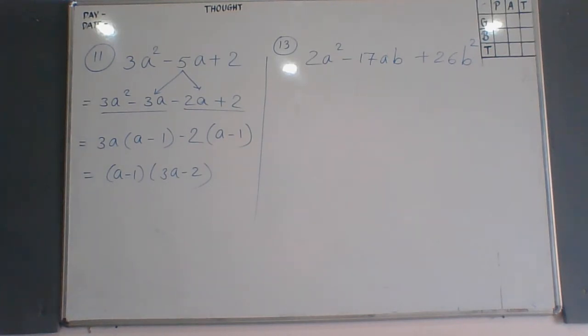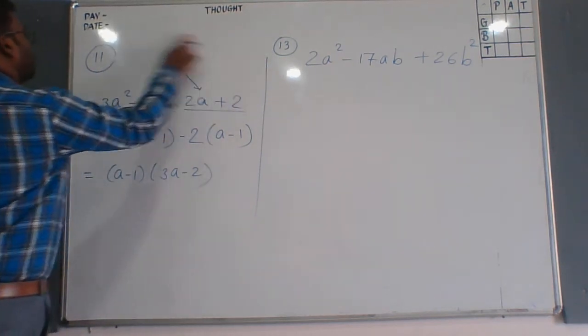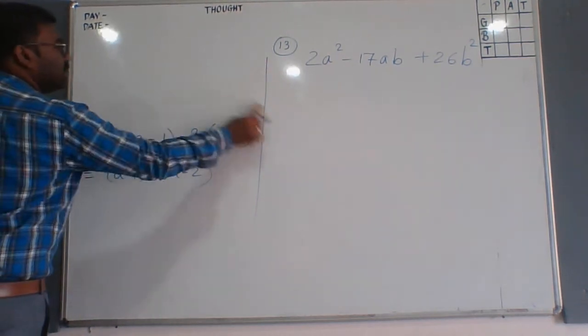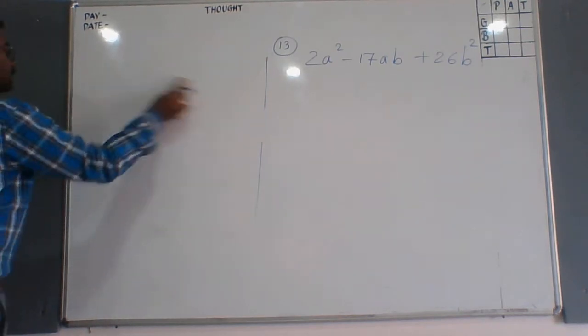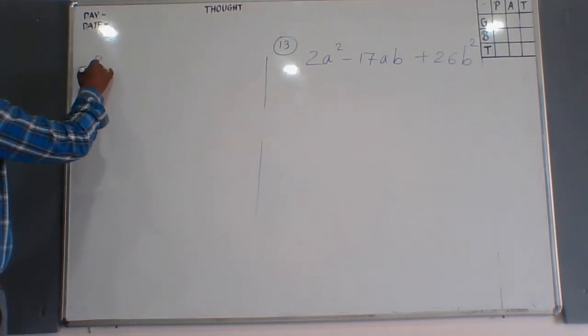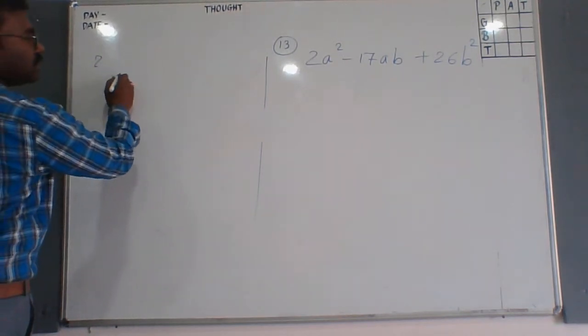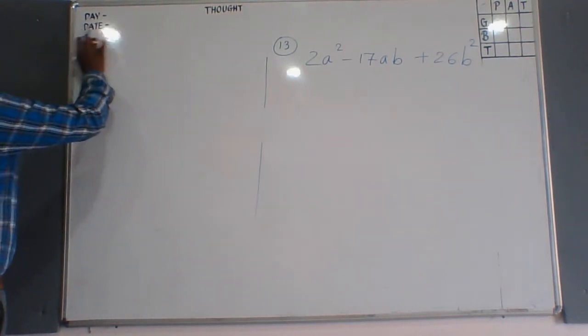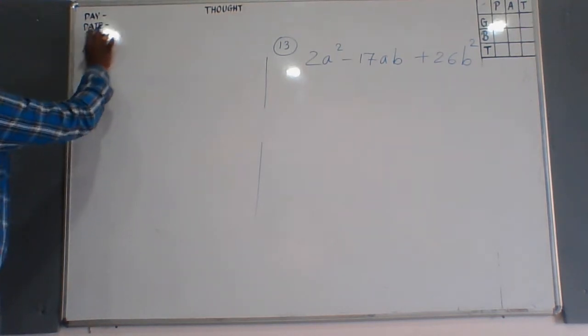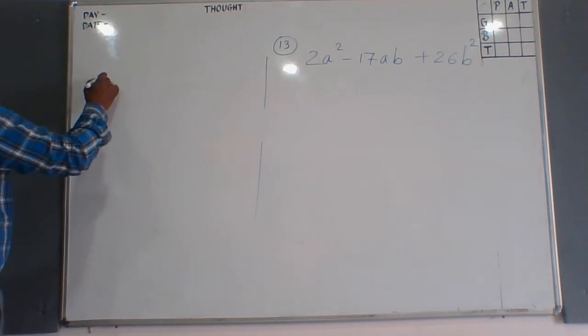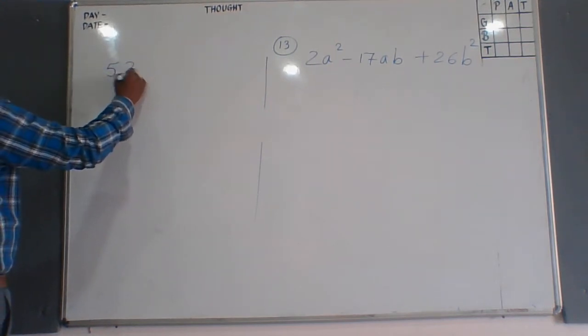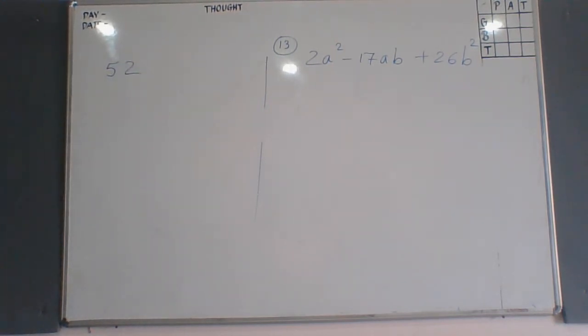So multiplication of first and the last, 26 multiplied by 2. How much it is? 52, correct? 26 twos are 52.